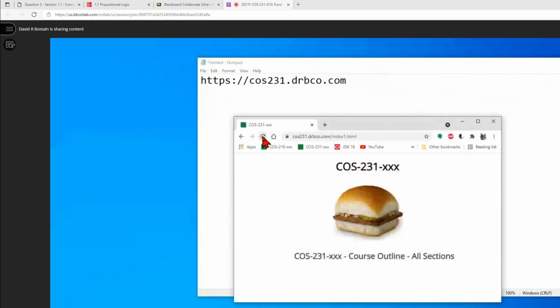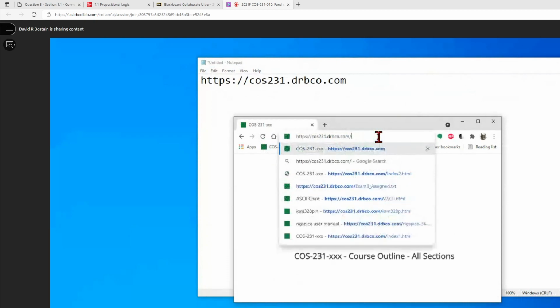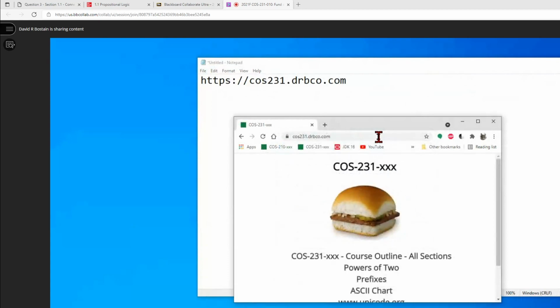You should get a page, and the page should look like this.